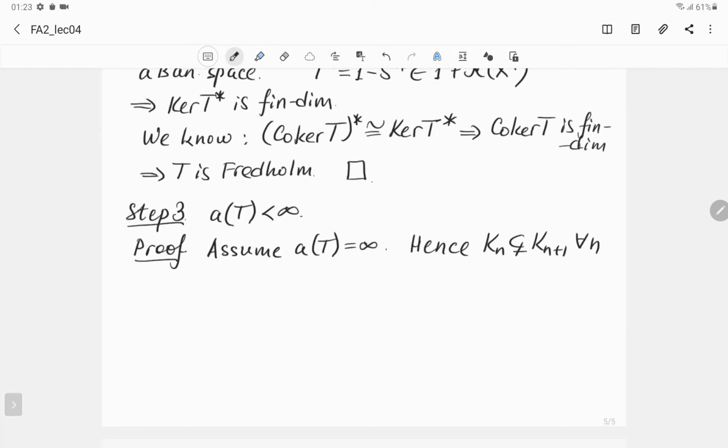We now use the Riesz lemma on an epsilon perpendicular. So for each natural number n, let xn be 1/2 perpendicular to Kn in Kn plus 1.